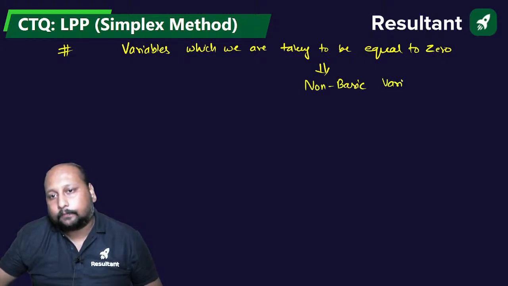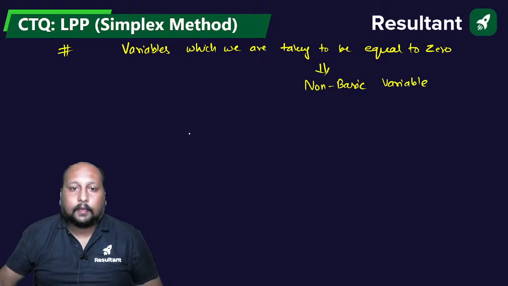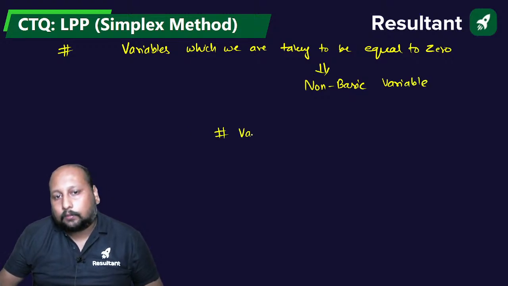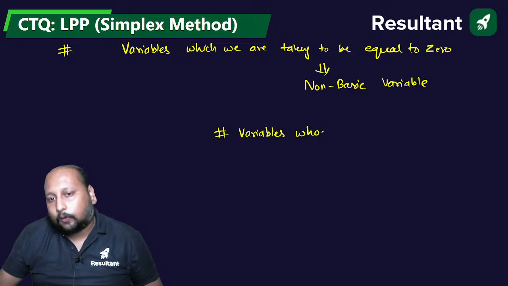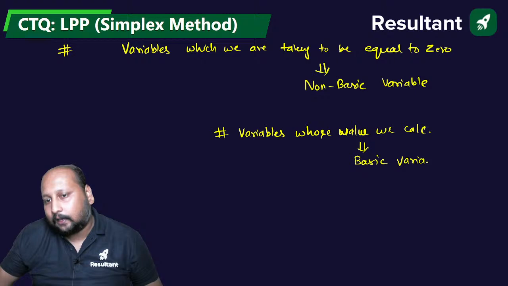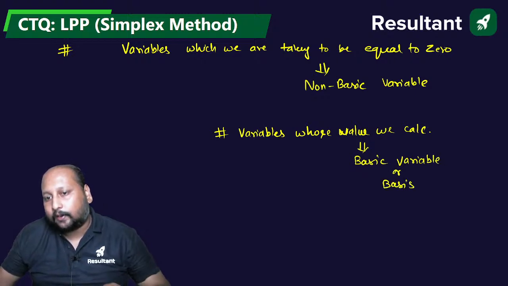Very important. And the variables whose value we calculate, we call the basic variable or basis. Let us try to understand with the help of an example.